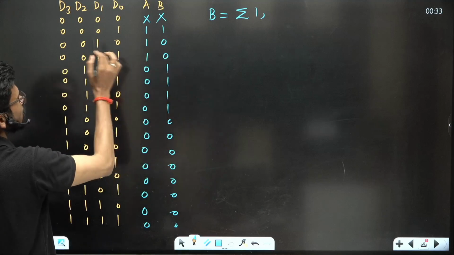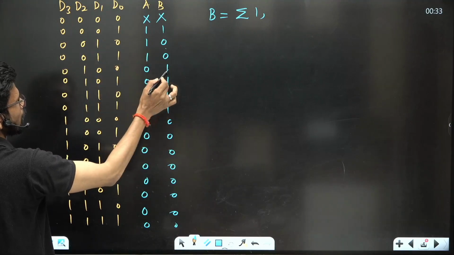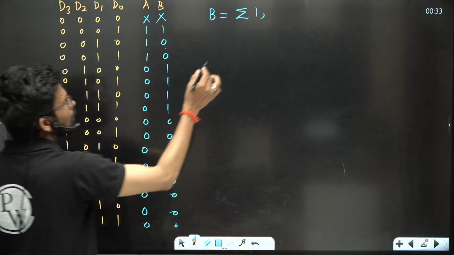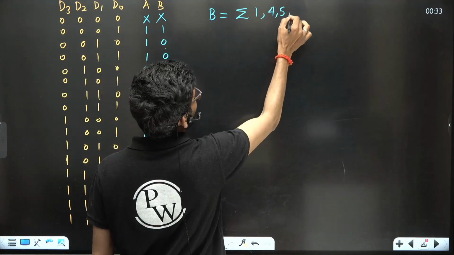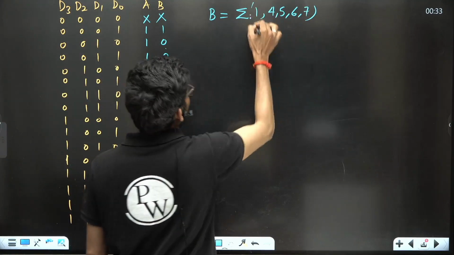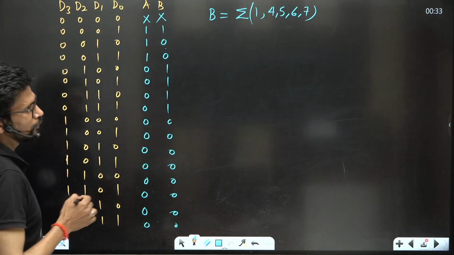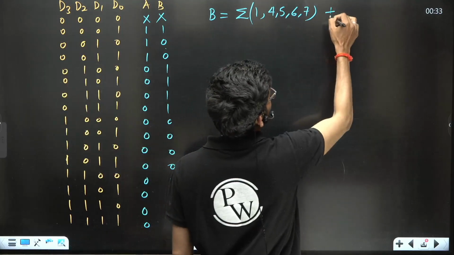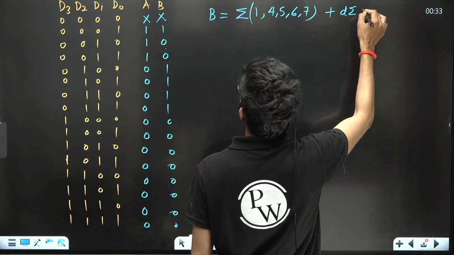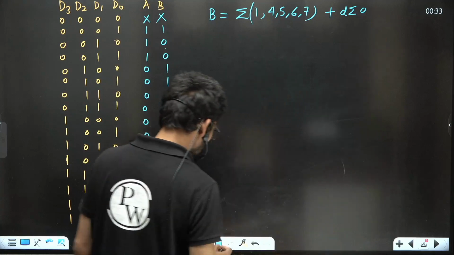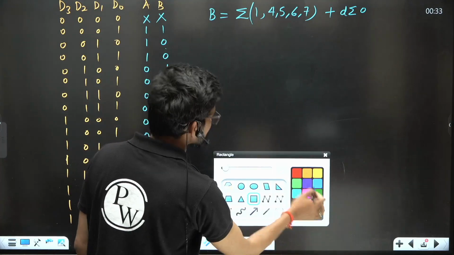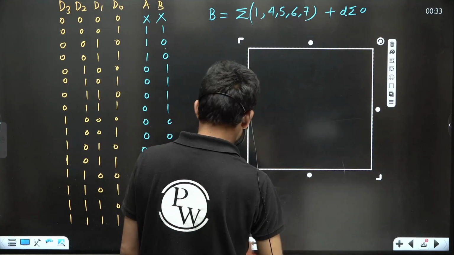Corresponding to term 2 it is 0. Corresponding to term 3 it is 0. Corresponding to terms 4, 5, 6, 7 it is 1. And then again for 8 to 15 it is 0, plus output B is don't care for combination 0. Now solve the K map and get the answer.